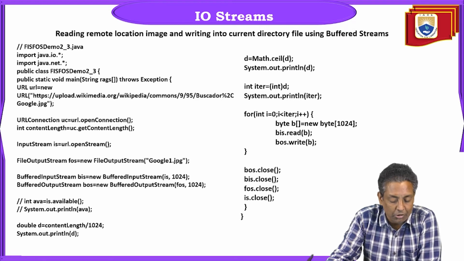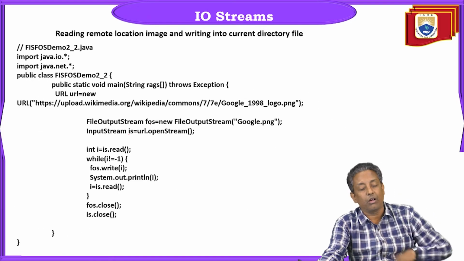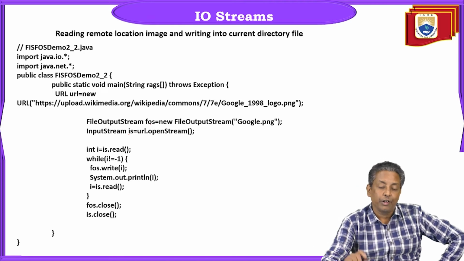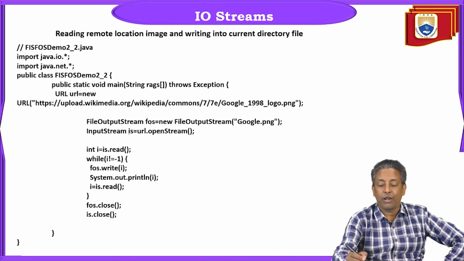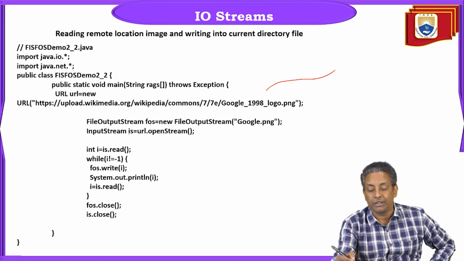And here is an example: reading a remote location image and writing into a current directory file using a buffered stream. Here also we are doing the same thing. Here we are pointing to some Google 1998 logo png.